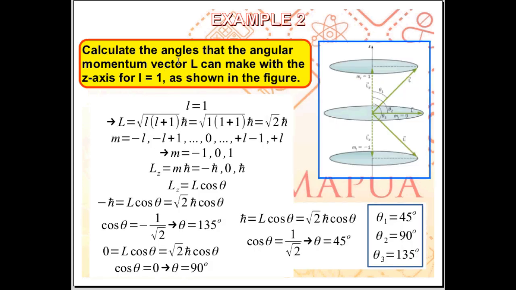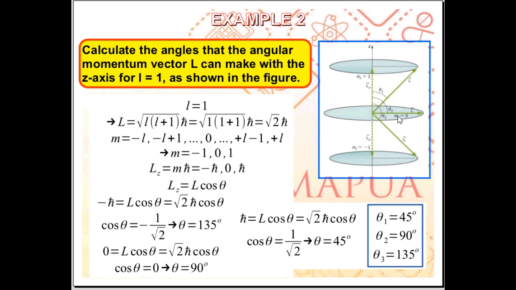Next, we have the following problem. Example number 2. Calculate the angles that the angular momentum vector L can make with the z-axis for small l equal to 1, as shown in the figure. So z-axis, angular momentum vector L, 3 possible locations.